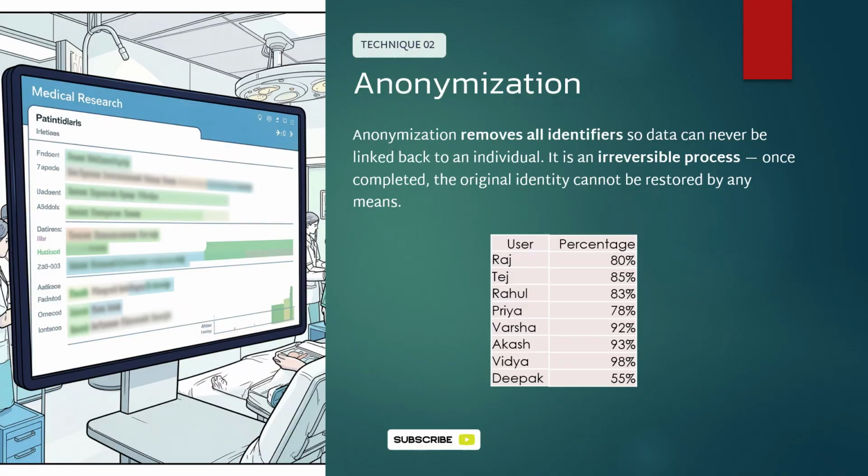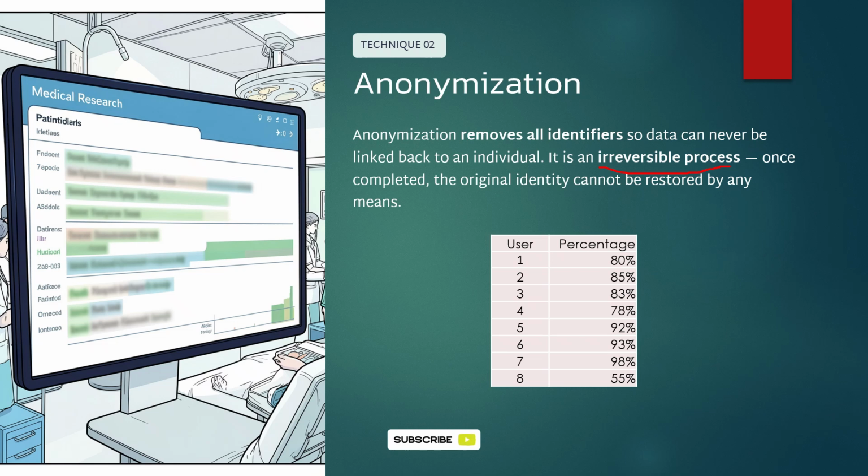Anonymization is an irreversible process. Here you see the names, Raj, Tej, Rahul, Priya, Varsha, Akash, Vidya, Deepak, they have certain percentages. If we anonymize that data, the names are gone. Now you just have the numbers.